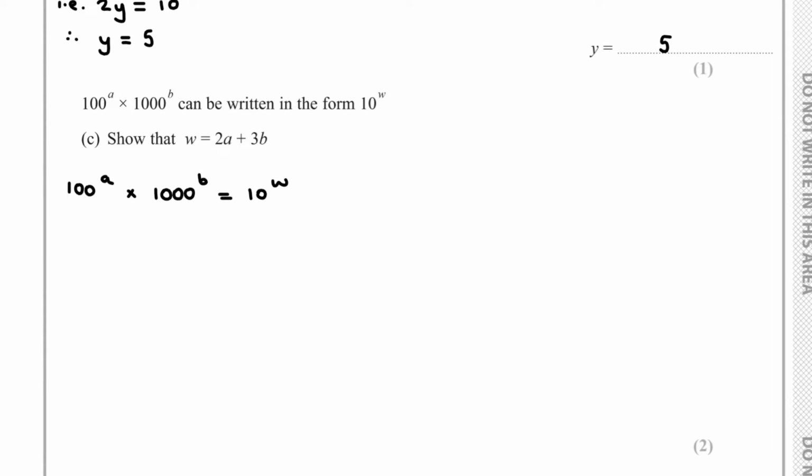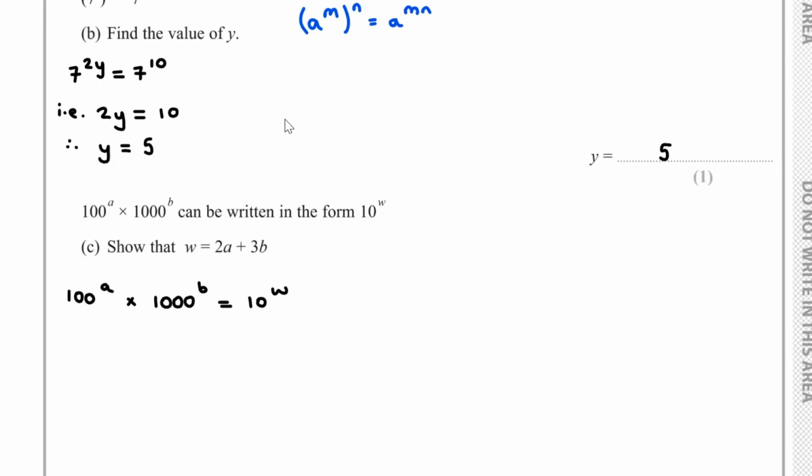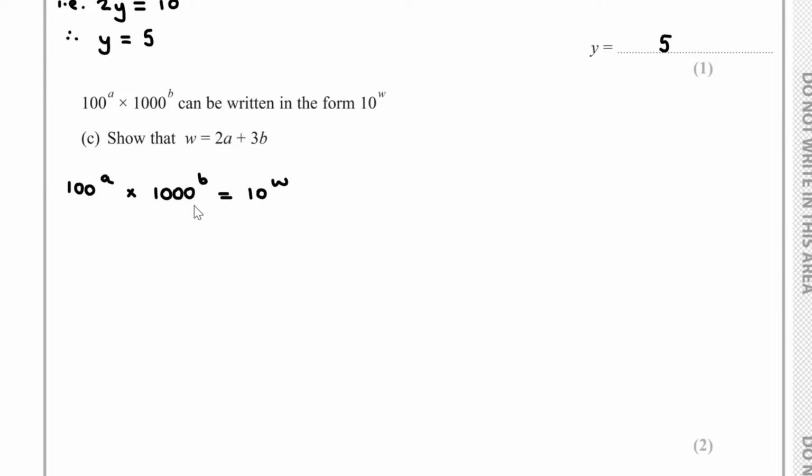First of all, we need to get the bases the same. 100 is the same as 10 squared. So we've got 10 squared to the power of a multiplied by 1000, which is 10 cubed, to the power of b, and then we've got 10 to the power of w.